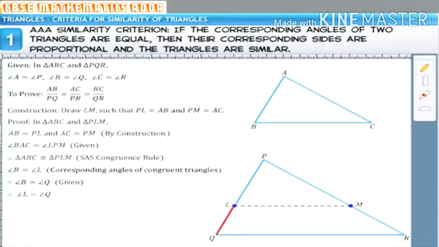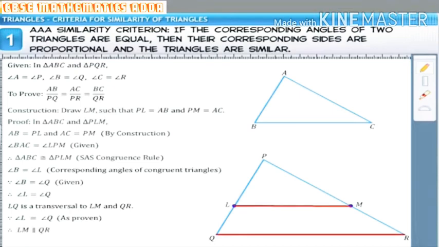Here LQ is the transversal and LM and QR are the two lines. So here angle L and angle Q are the corresponding angles, and when the corresponding angles are equal, then the two lines are parallel to each other. That is, LM is parallel to QR.